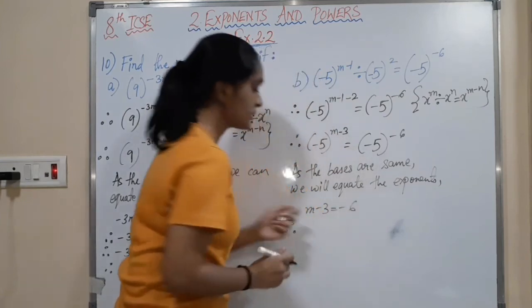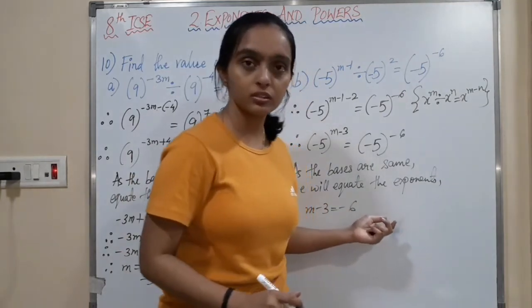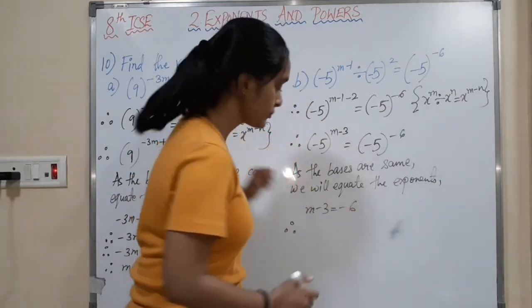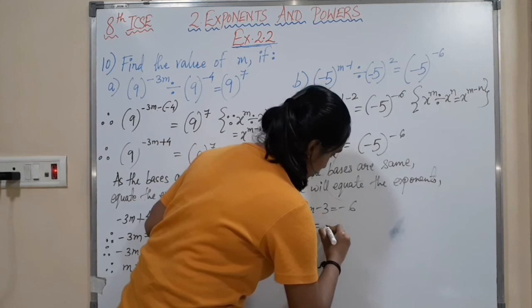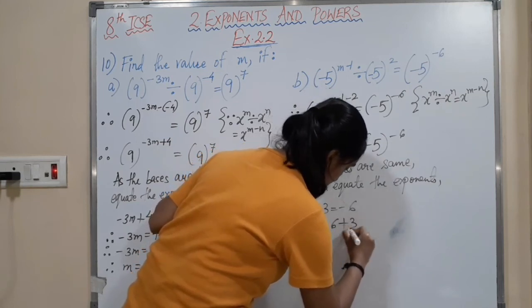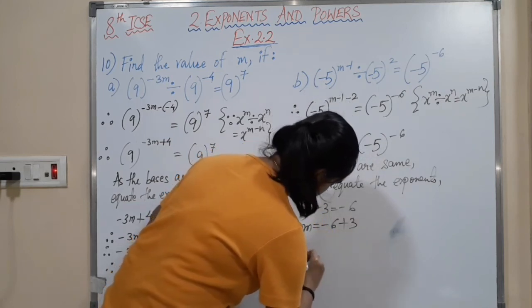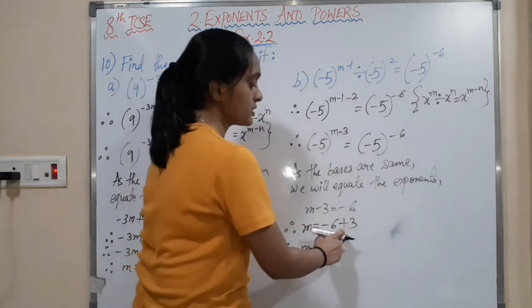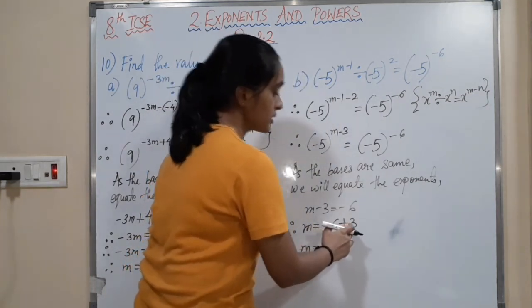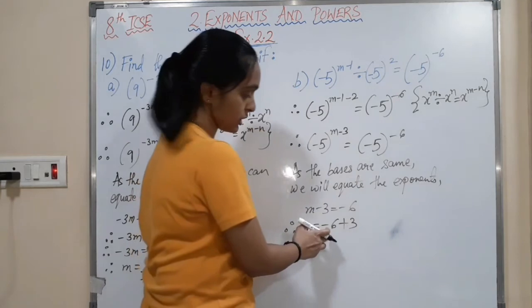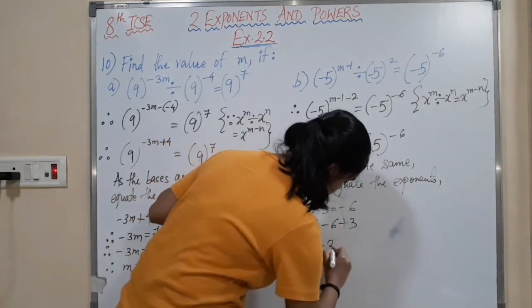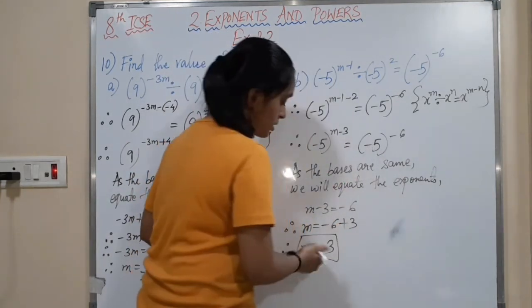So therefore minus 3 is there, transposing will convert it into plus 3. So therefore m equals minus 6 plus 3. So m equals, minus plus is minus, 6 minus 3 is 3, and the sign of the greater number, the sign of 6 is minus. So m equals minus 3.